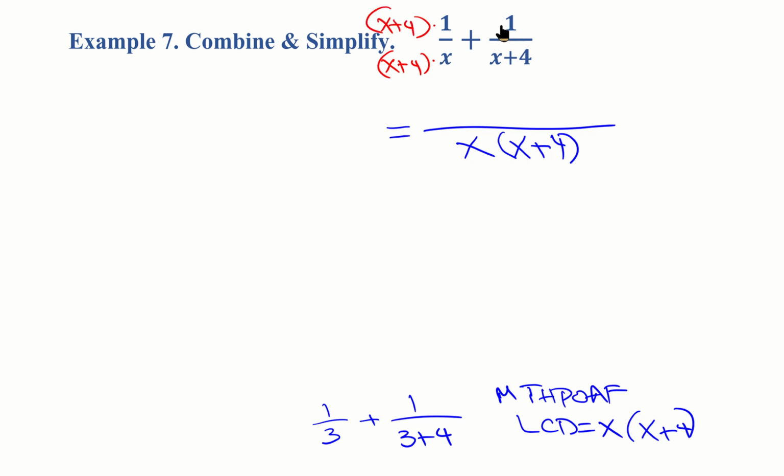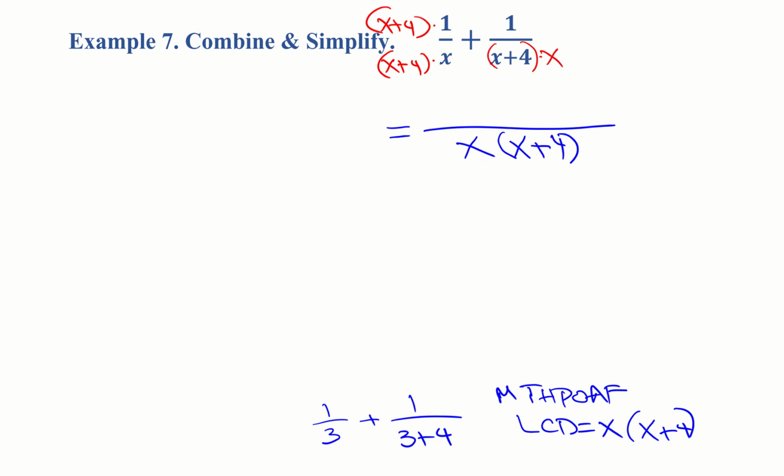Now, in this other fraction, right, we have a denominator of x plus 4, and we want to turn it into this common denominator. So again, go into your artist mode. What's missing? X, right? So we need to multiply the x plus 4 by x.